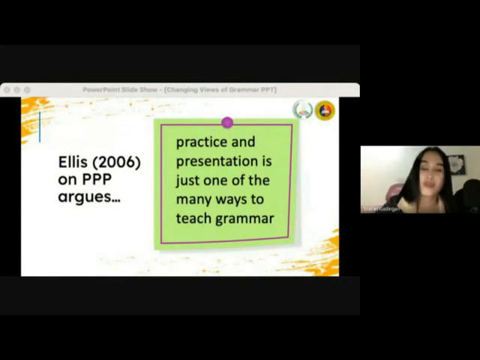Okay, practice makes perfect because it heavily gives importance to practice, for students to really gain control of the structure. And other scholars like Skehan mentioned before that the evidence in support of such an approach to the PPP is really unimpressive. That's the term of Skehan, that it's really unimpressive.